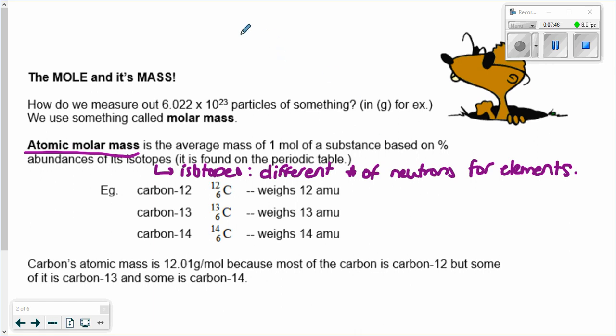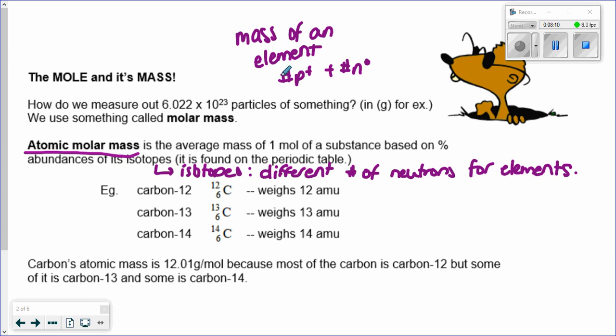Again, this is back to chemistry A. The atomic mass of something is your number of protons plus the number of neutrons. Your number of electrons is negligible. It makes up basically nothing. So we know our number of protons for an element stays exactly the same.